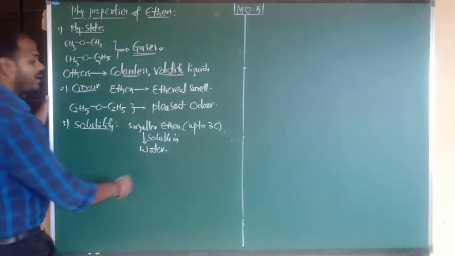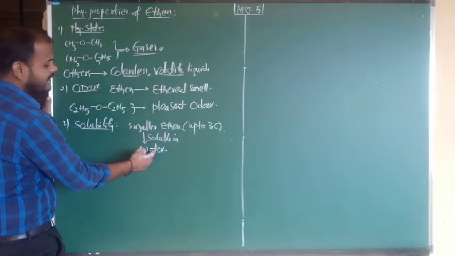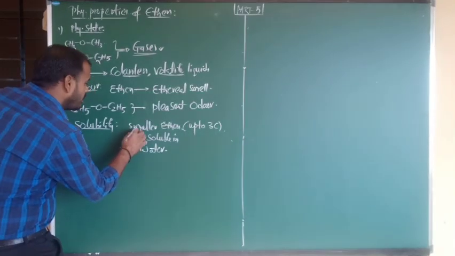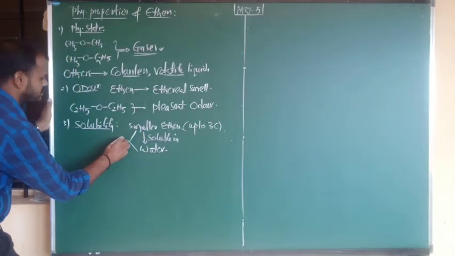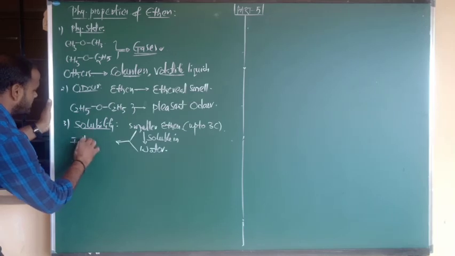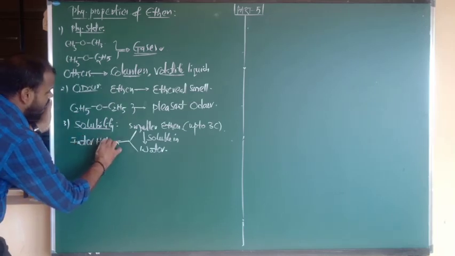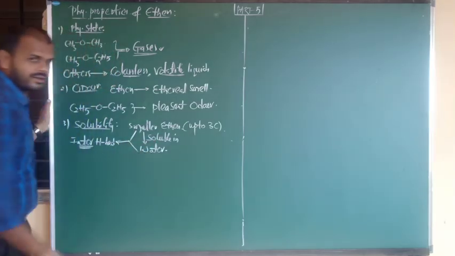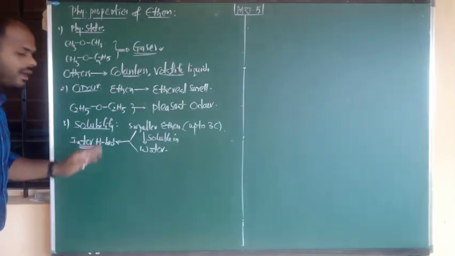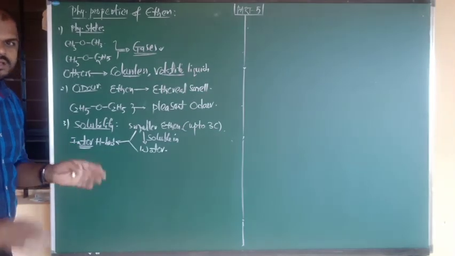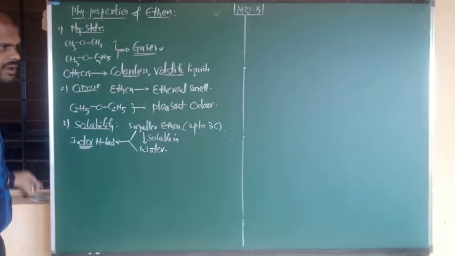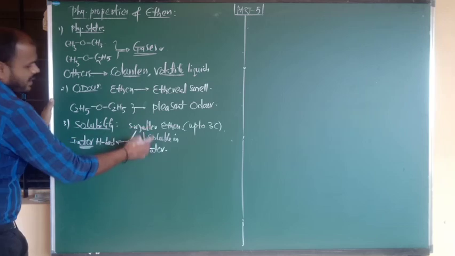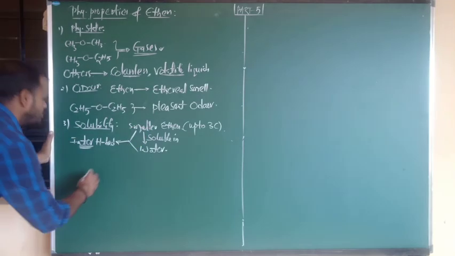The reason is that smaller ethers are highly soluble in water due to the formation of intermolecular hydrogen bonds. Between smaller ether and water, we can see the formation of intermolecular hydrogen bonds. How does it form?